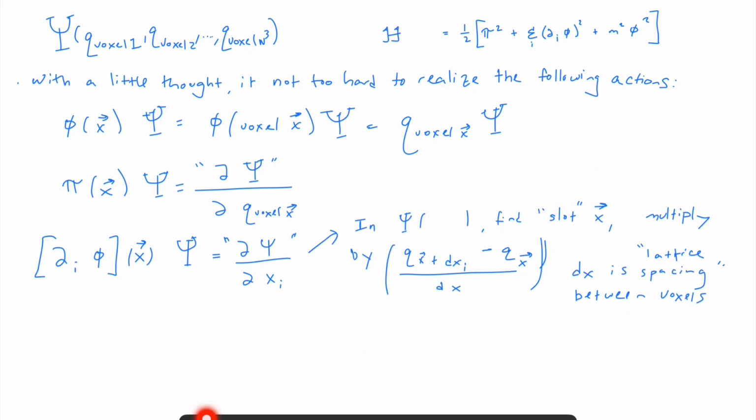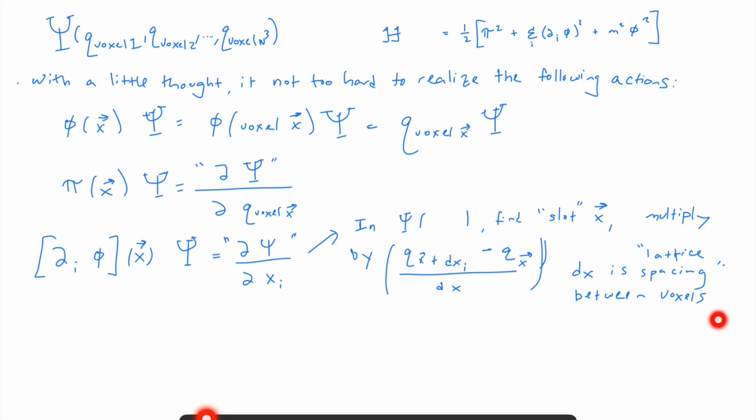You may also ask this question. It requires a little bit of thought, but the partial derivative of phi is a different operator that still should act on the wave function. It's different than the momentum; the idea is that this is between voxels, and the momentum is within the same voxel. You could think of it like that.